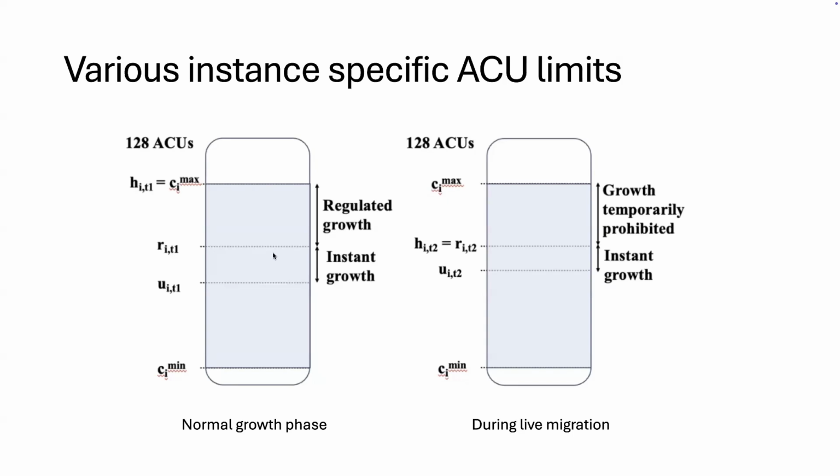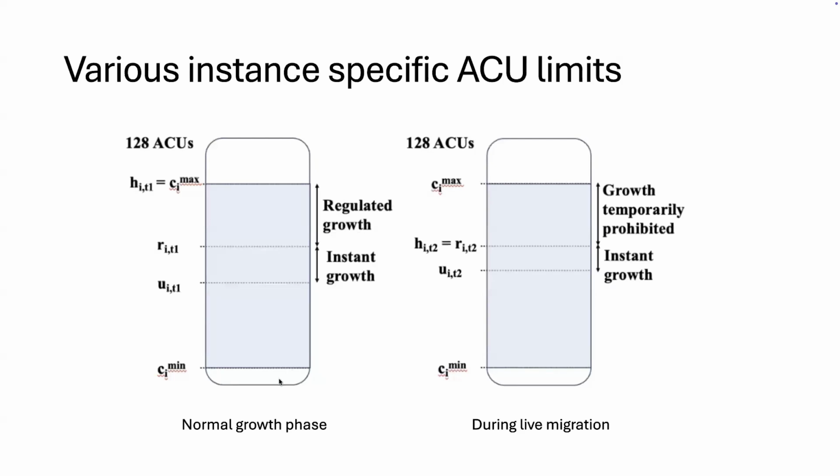For in-place scaling, from UIT to RI is available for instantaneous growth. So if my usage is growing fast, this is available to me right now.